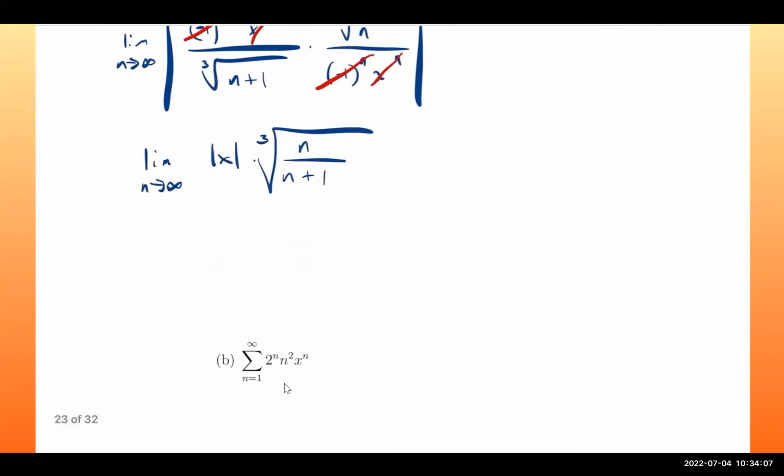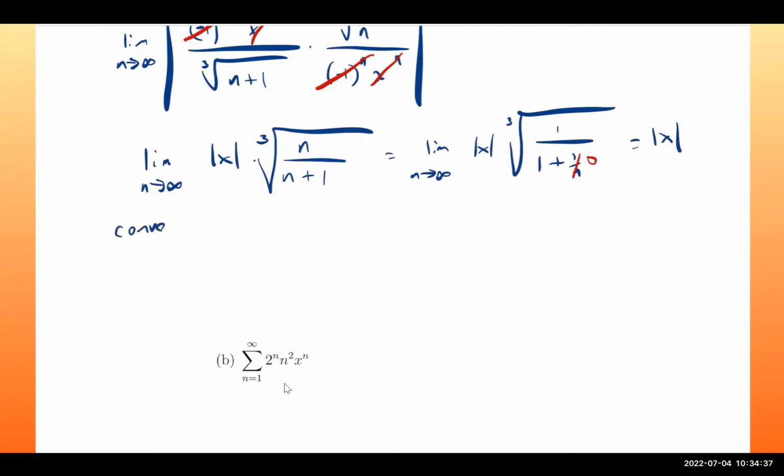This can be rewritten as 1 over (1 plus 1 over n) if you divide by n. As n approaches infinity, this term goes to 0, so you just get 1. But 1 times the absolute value of x is the absolute value of x.